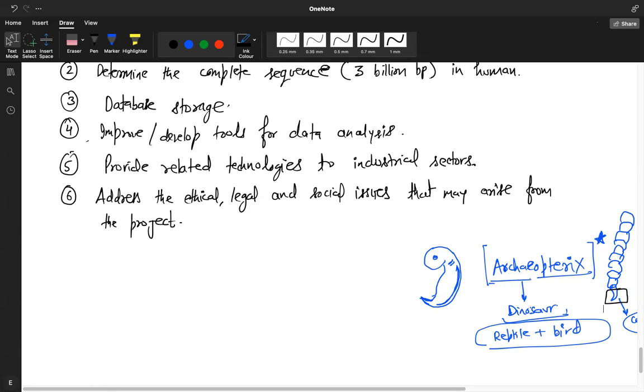Now, very recently, last year, a group showed that there is a gene that is responsible for the development of a tail in an embryo. And if that gene is active during embryonic development, then the embryo and the fetus will keep developing a tail.